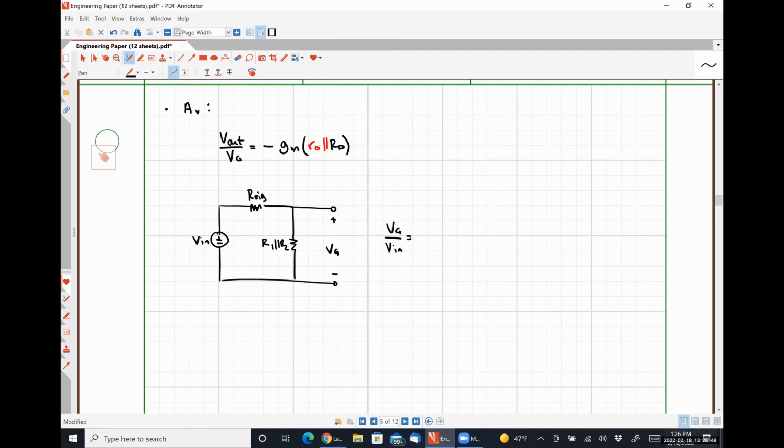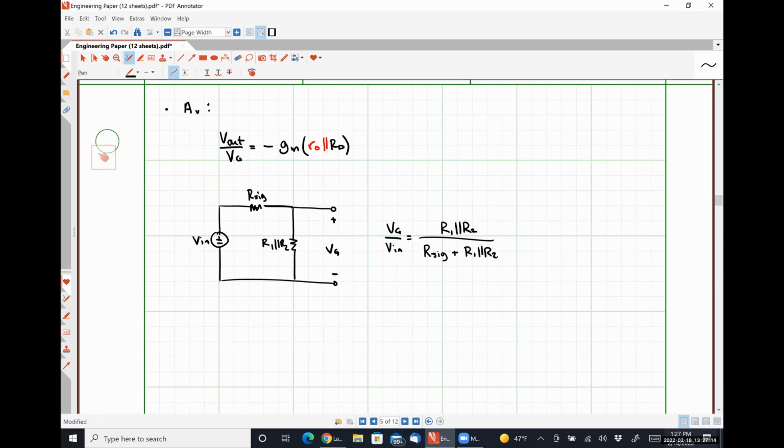So we have to put R1 in parallel with R2 in our numerator to get the voltage drop over that. R1 in parallel with R2 divided by R sig plus R1 in parallel with R2. Okay.